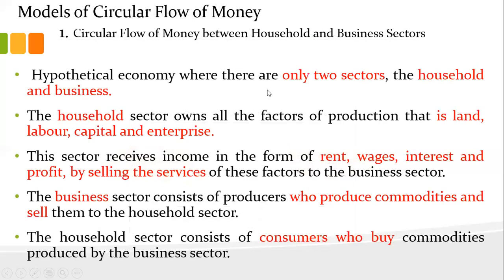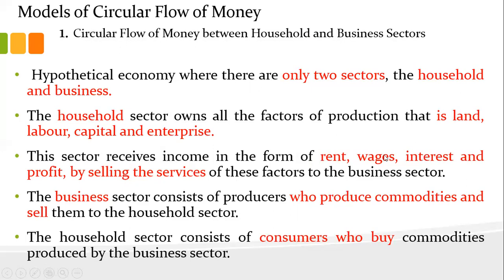This is a hypothetical model. Actually, this kind of model doesn't exist in real practice, because it is not possible that there are only two sectors, household and producers. That's why we are saying it is a hypothetical economy where only two sectors, household and business, are there. The household sector owns all the factors of production, that is land, labor, capital, and enterprise. And this sector receives income in the form of rent, wages, interest, and profit by selling services to whom?